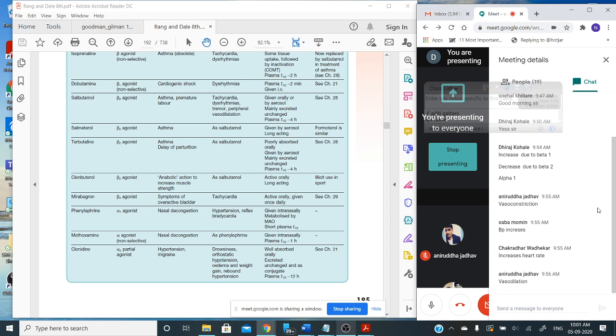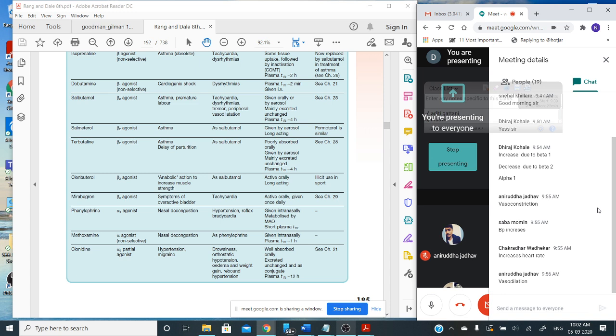Whenever the impulse comes, calcium ion will come inside, and because of that calcium ion there is exocytosis of the vesicle. So exocytosis of the vesicle will take place, but there is no neurotransmitter in it. This phenomenon we call chemical depletion or chemical denervation. The meaning of denervation is removal of the nerve.